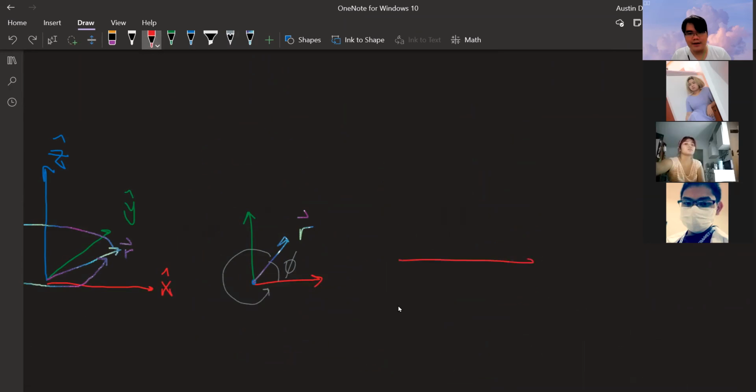Yan, x hat and, oops, kailangan palang palitan ng color. Ayan, so z hat. Tapos nakatusok paloob yung y hat. Tama? Nakatusok siya paloob. Okay? So, sulat lang natin, para hindi tayo malito.